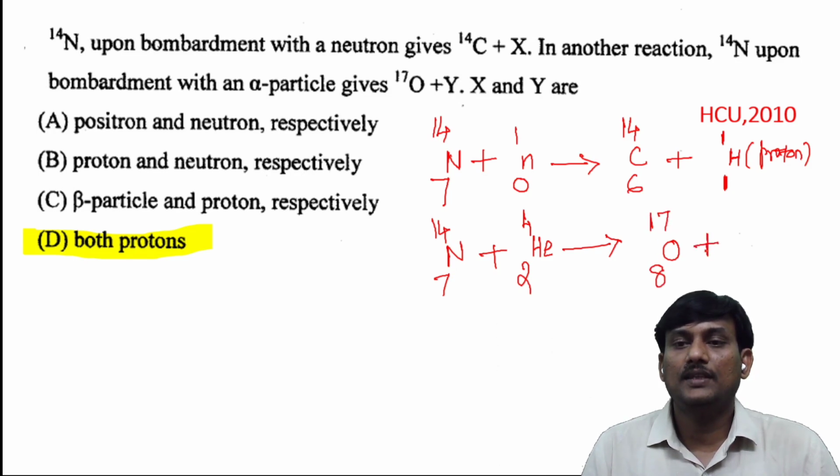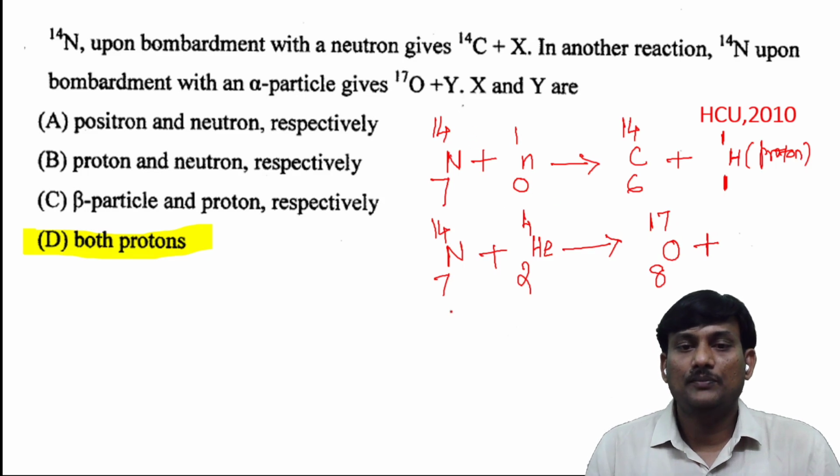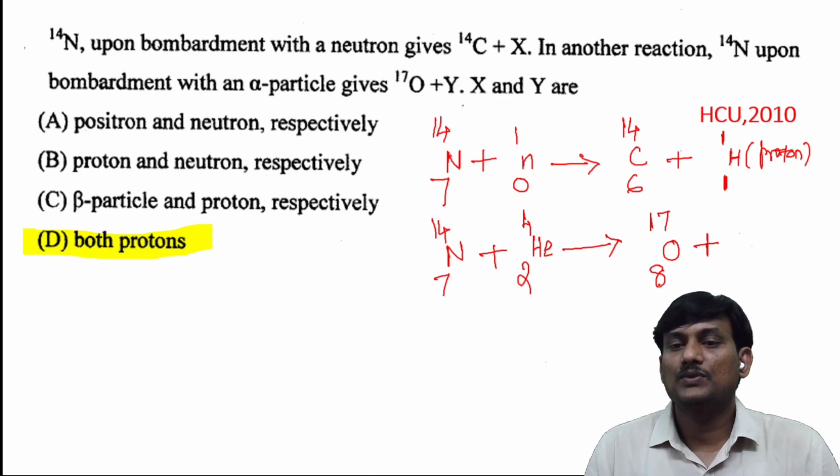When you balance this equation, you will get 7 plus 2, 9. So 8 plus 1 will be 9. And 14 plus 4, 18. 17 plus 1 is 18. So again, you are getting proton. So X is proton and Y also proton.